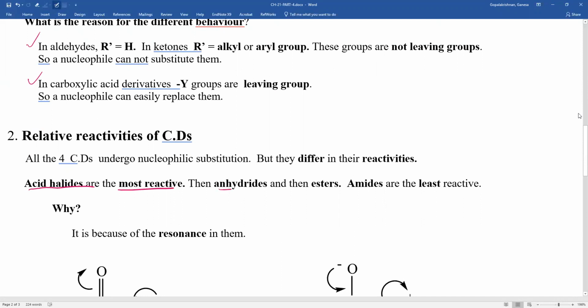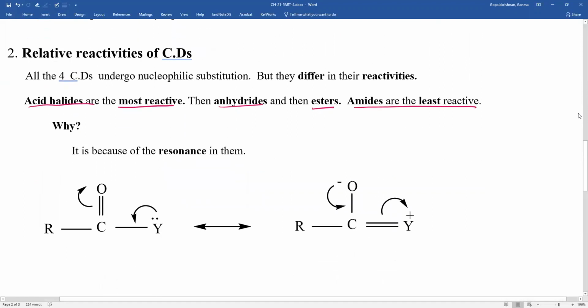Then come anhydrides, then the esters. The amides are the least reactive. Why? All four are reactive, but some are very reactive, some are not. What is the reason? It is because of the resonance.